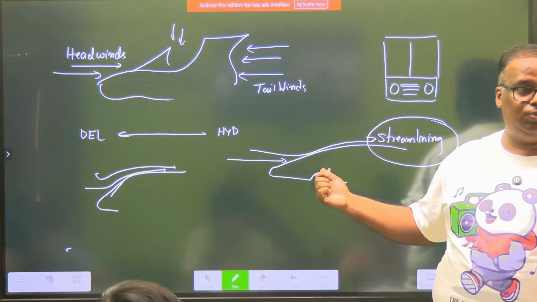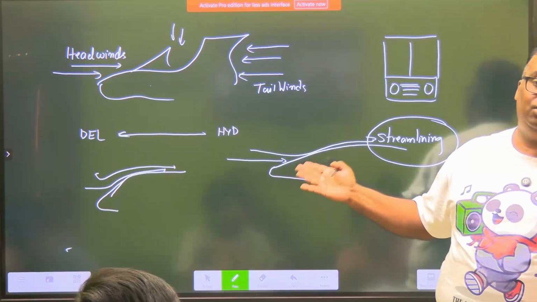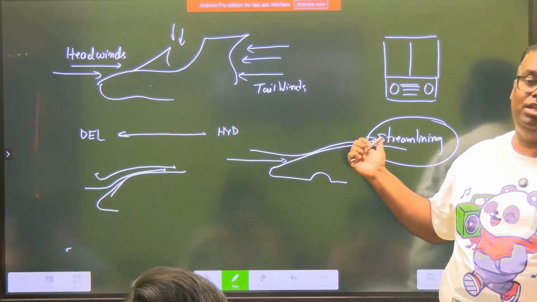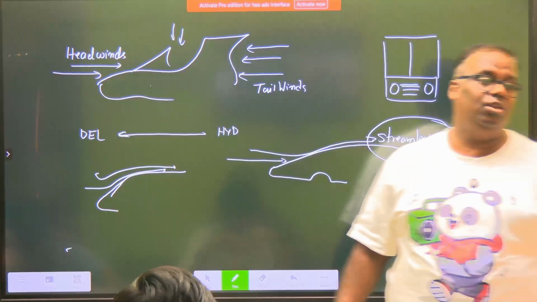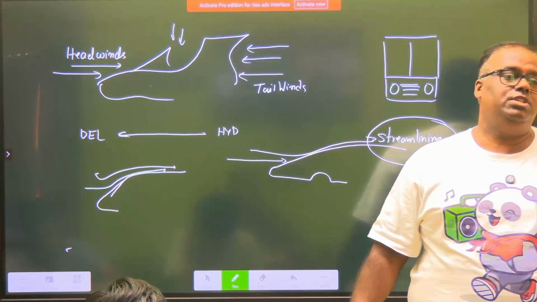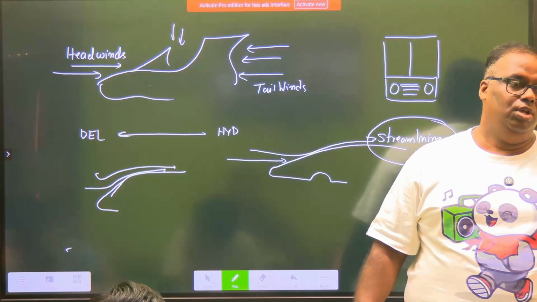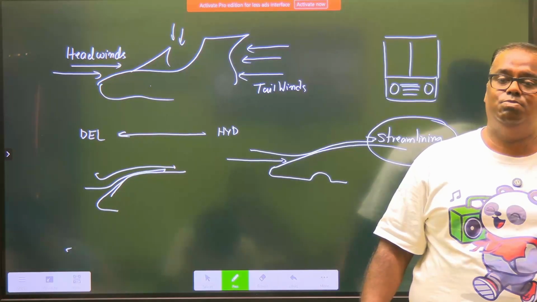Now, how do you reduce drag? The word is streamlining. This is the key word that they will use. Streamlining means you are giving an aerodynamic structure to your thing. So if you are more flat, you will be facing more and more friction as you go. So the bus actually faces a lot of drag as the bus moves.